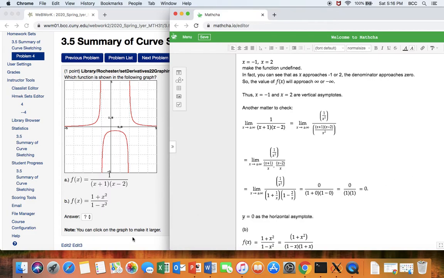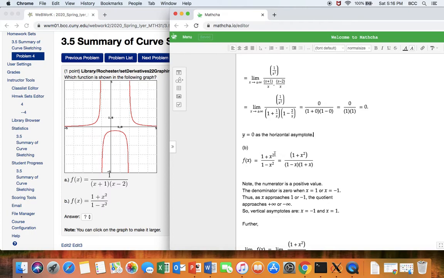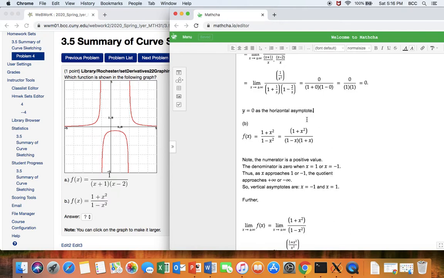Alright. The second function is f of x equals (1 plus x squared) over (1 minus x squared). Factoring it, the numerator does not factor. The denominator is a difference of squares that factors as (1 minus x)(1 plus x). For the numerator, because of the x squared, you are always going to be positive or at worst 0, and adding 1 makes you always positive.